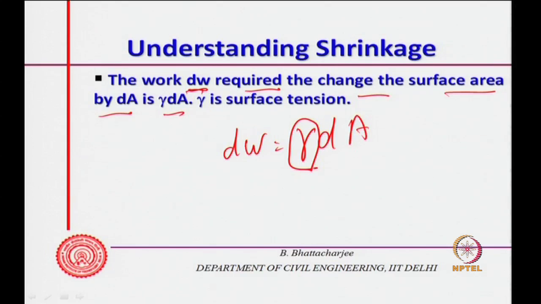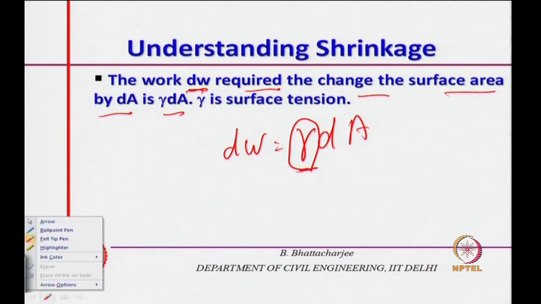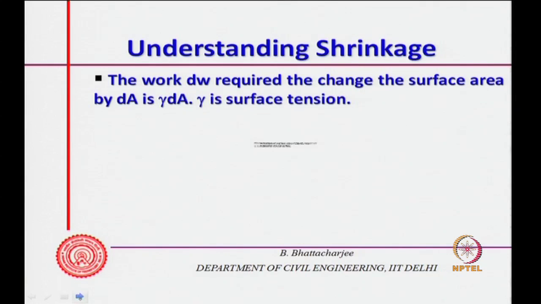This is the work required to change the surface area, because the liquid has a tendency to attain a minimum surface area. If you want to increase it, you have to do work, and the constant of proportionality is gamma. So, energy required per unit area, that is actually the surface tension.